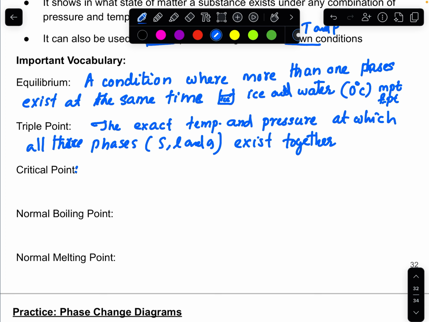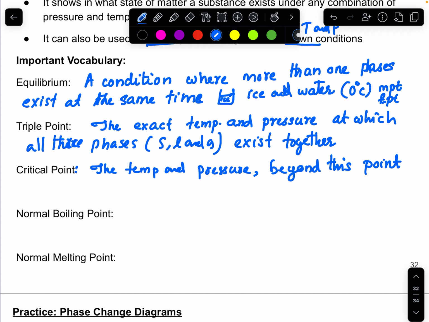We can write it as the value of the temperature and pressure beyond this point. Phase change is not possible between liquid and gas.